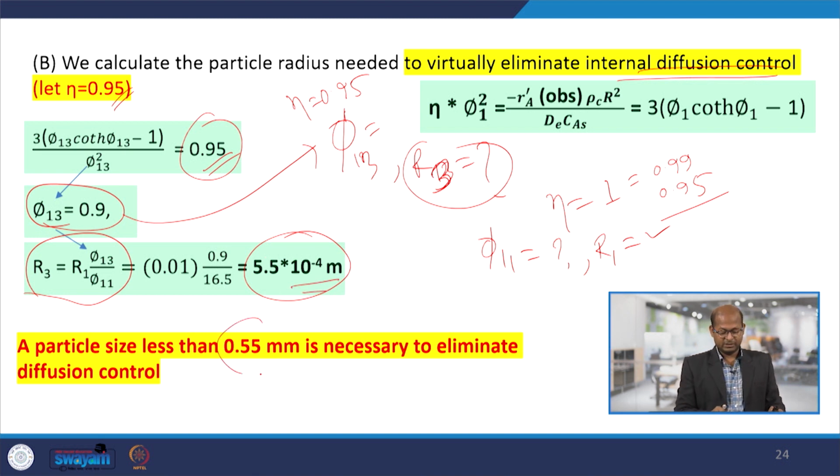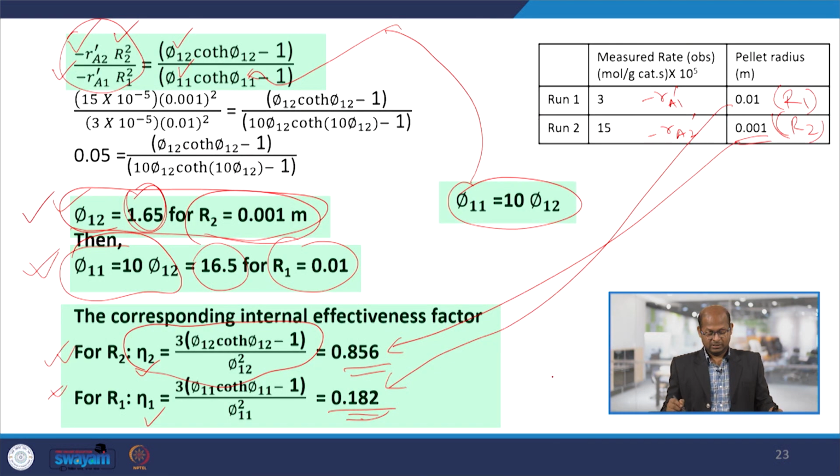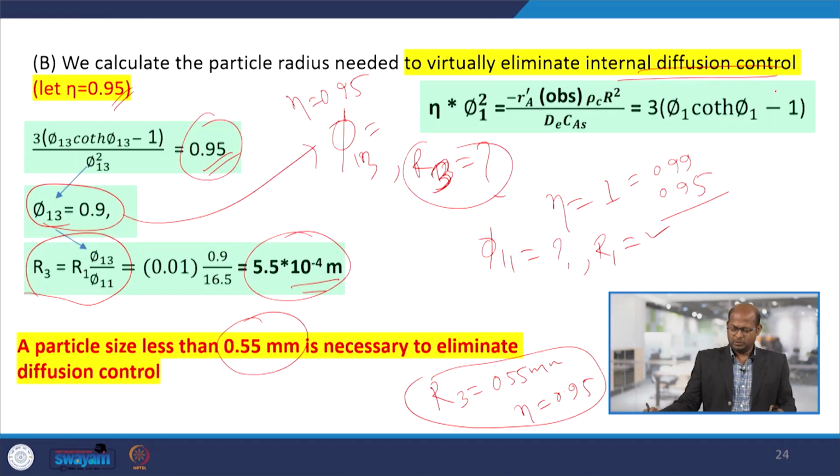So, the particle size is 0.55 millimeters. So, R 3 equals 0.55 mm. Then we can say that eta is close to 0.95. So, internal diffusion does not exist, or we can eliminate it under these conditions. The particle size here would be in mm, I think, no matter.